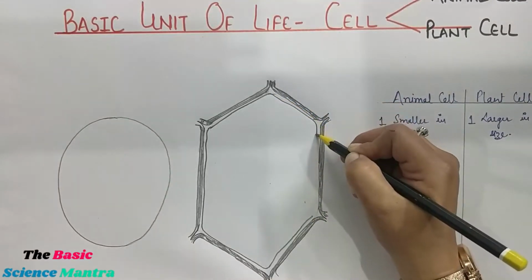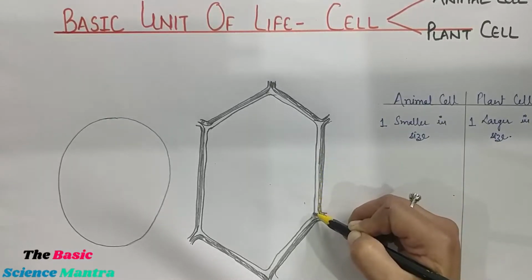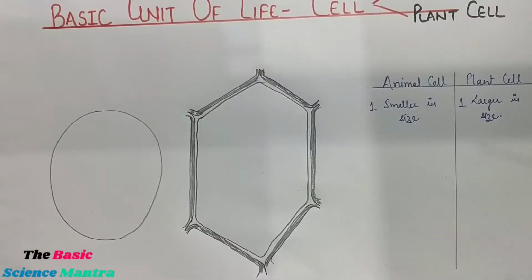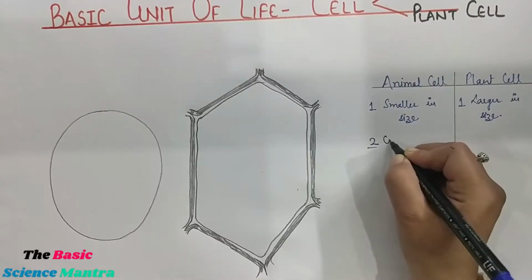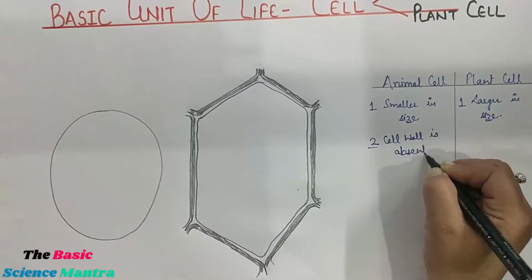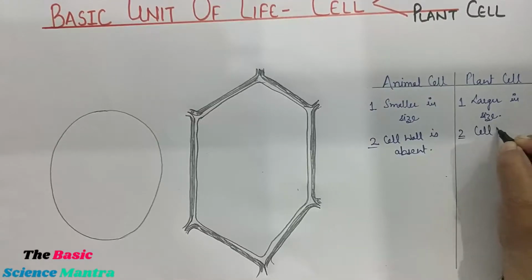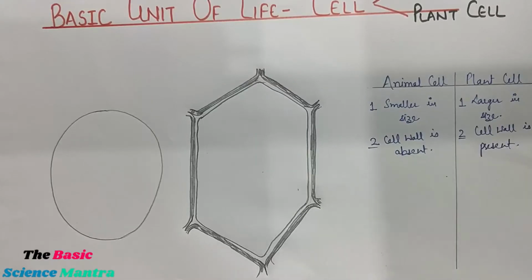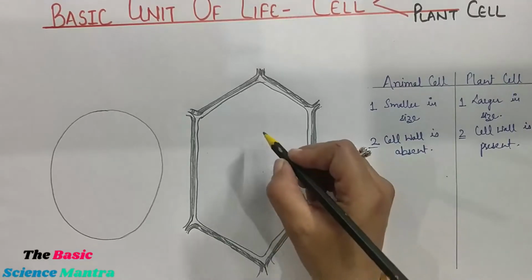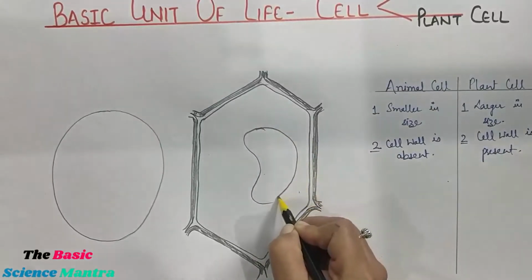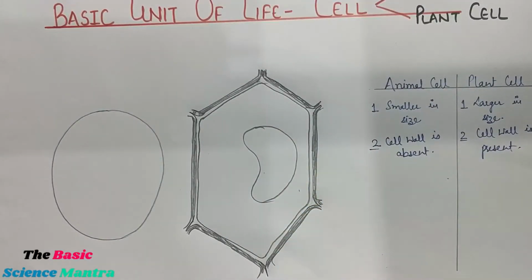Cell membrane is also called plasma membrane because it is living in nature, but the cell wall is dead. So we'll write the second difference. Cell wall is absent, cell wall is present.